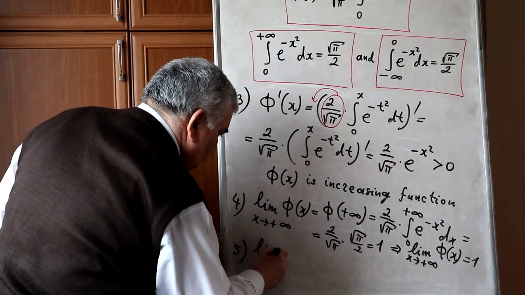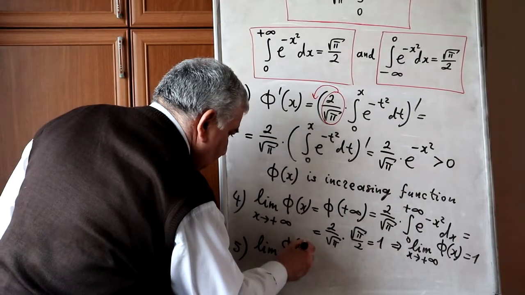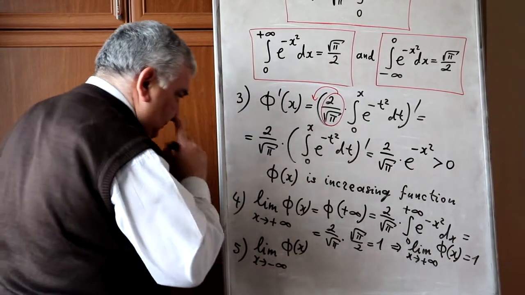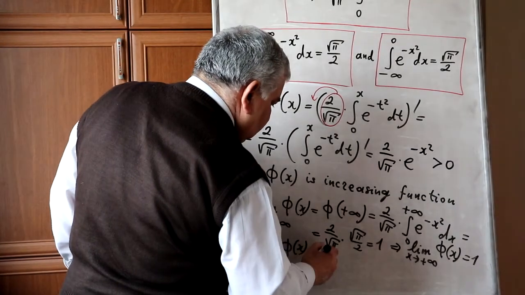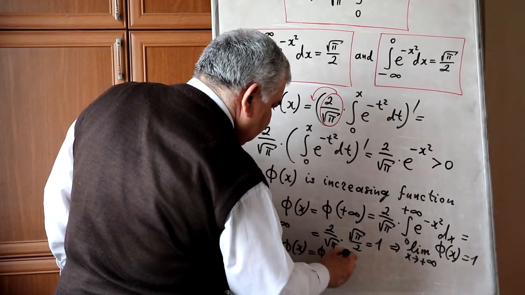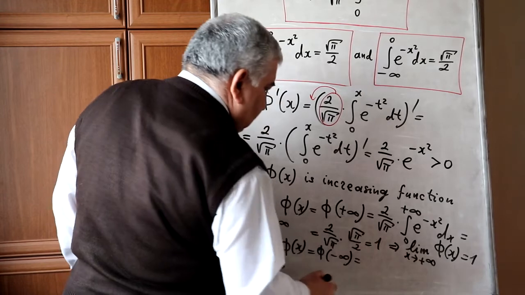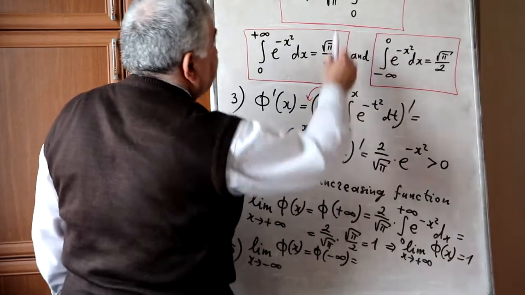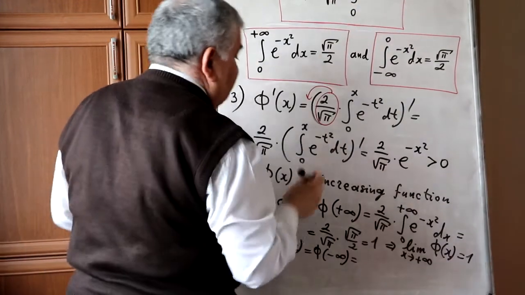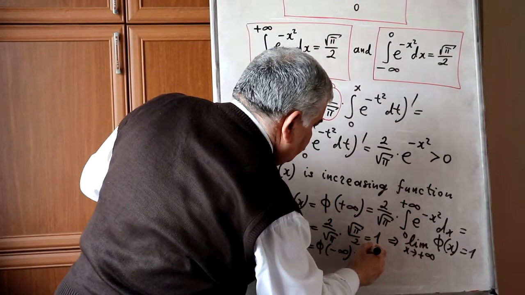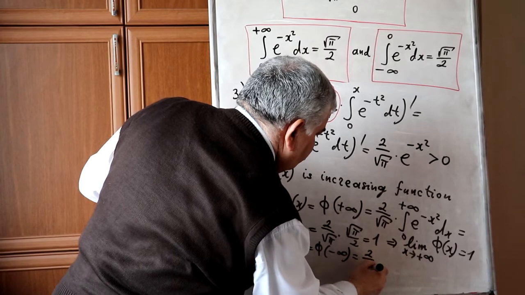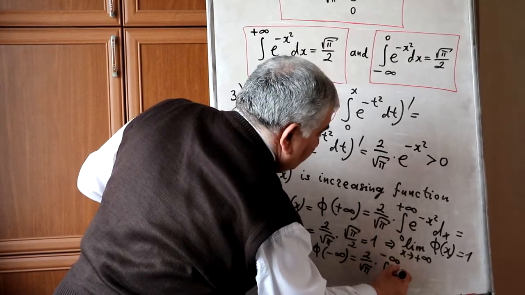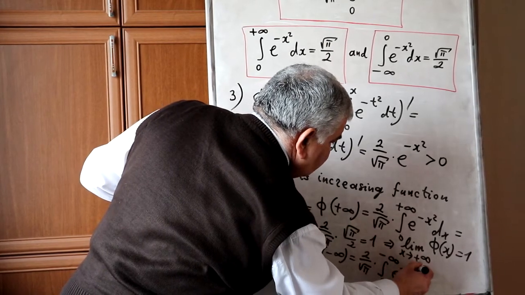Limit of phi capital of x when x tends to minus infinity equals phi of minus infinity. Here we must substitute minus infinity instead of x in this integral. 2 over square root of pi multiply integral from 0 to minus infinity of e to minus t squared dt.